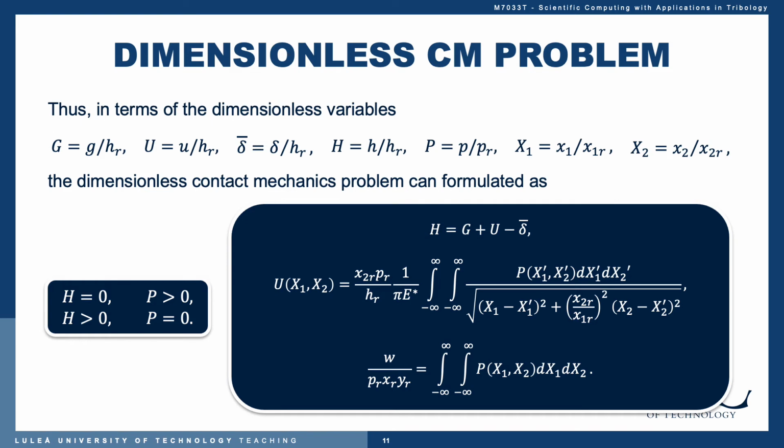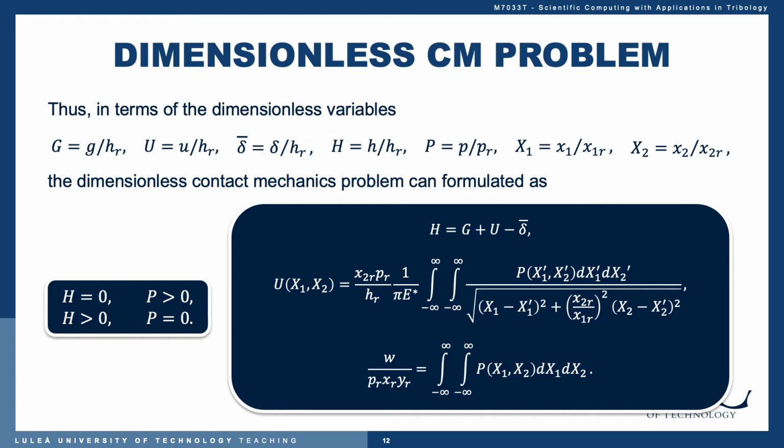This means that in terms of the dimensionless variables, which we see here, we can formulate the dimensionless contact mechanics problem as... I'm not saying that this formulation of the contact mechanics problem is any simpler than the one-dimensional form.